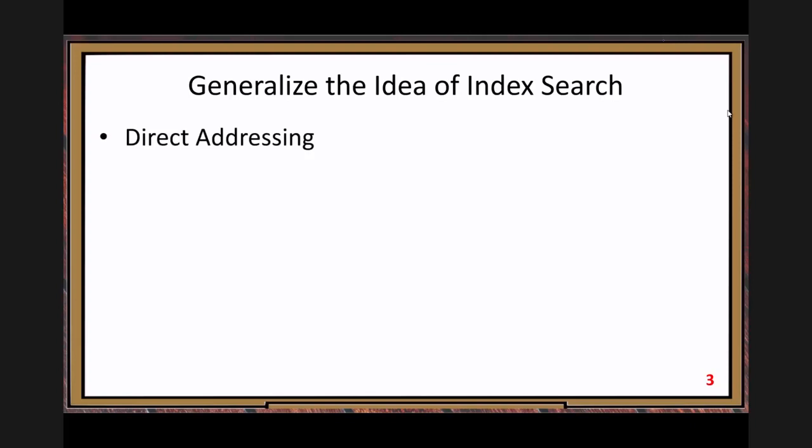Not practical. In the typical textbooks, it's also called direct addressing, because the key at the same time gives you the address information. Another name for this method, direct addressing.